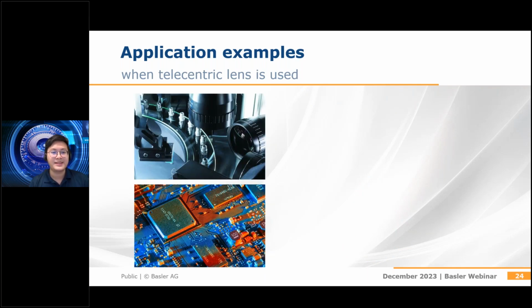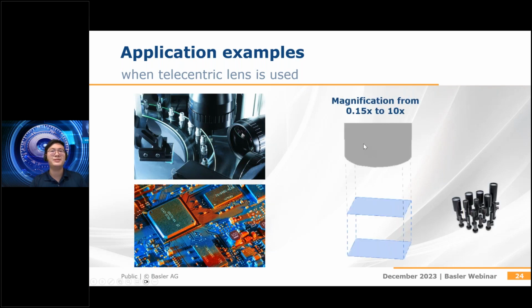Next, for telecentric lenses, the magnification ranges from 0.15 to 10 times, and inherently they have a larger depth of field than conventional lenses.